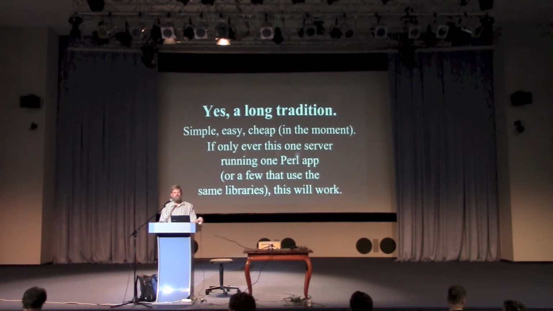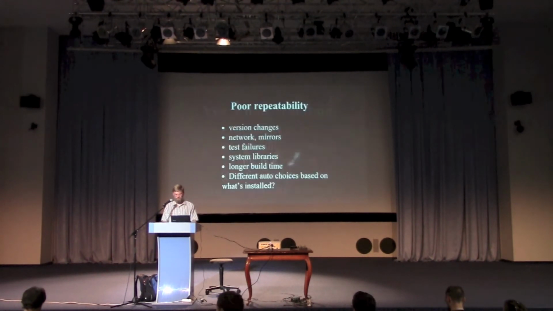The problem is, you don't know at the beginning whether you're going to stay small or not. So it is worth thinking a little bit longer than that, because if you end up adding a lot of servers, this doesn't scale out very well. Or if you add more applications to the server and they end up needing different modules, you can't keep track of what did what.